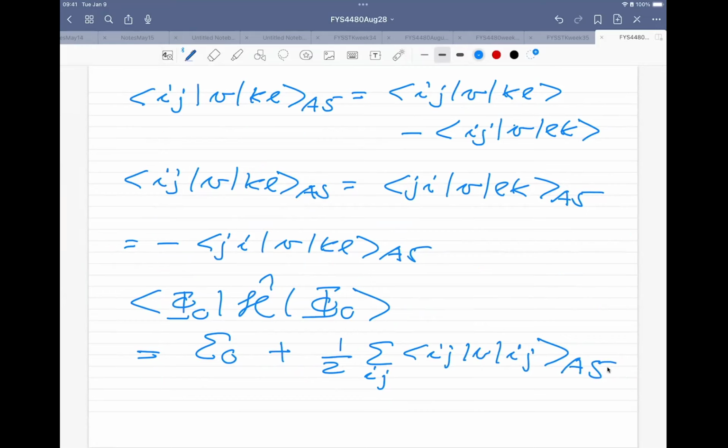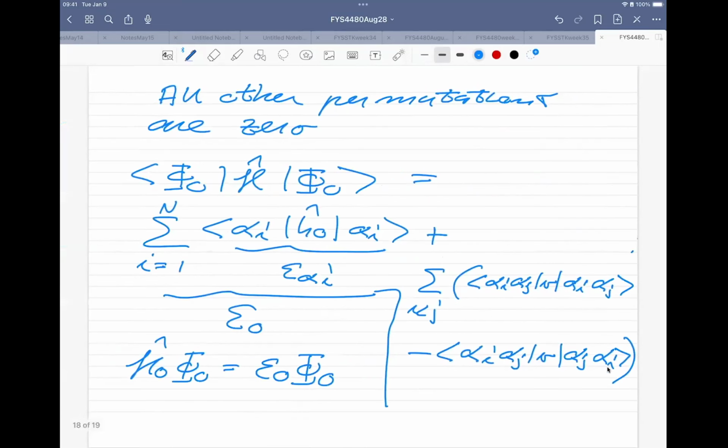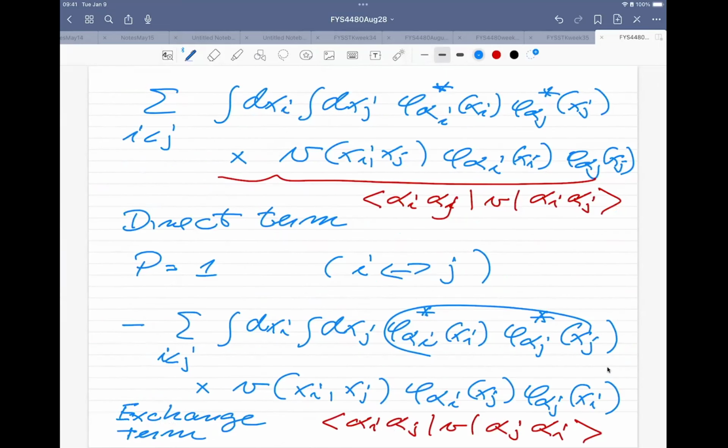Now we can do further manipulations, but I'm going to leave some of them till later. The thing which is now going to be interesting for us is, can we simplify this machinery even more? And that is where second quantization, or the number representation, comes into play. Everything we did here is done in a full representation with all the quantum numbers.